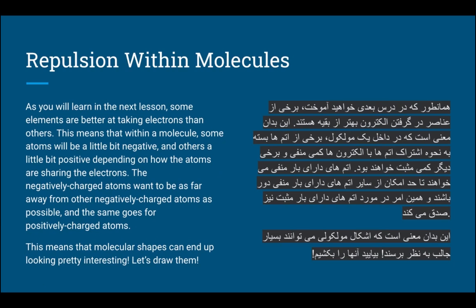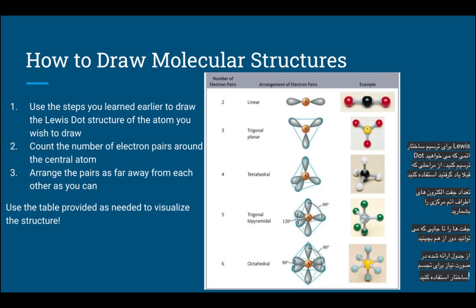So let's draw them. Here's how you can draw molecular structures. Use the steps that you learned with the Lewis dot structure earlier, and then count the number of electron pairs around the central atom. Arrange these pairs as far away from each other as you possibly can. And then here's the table for the structure.